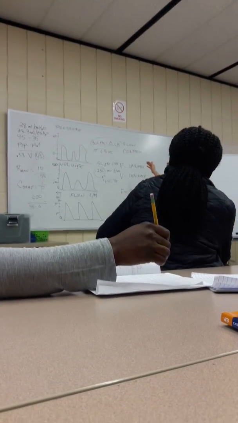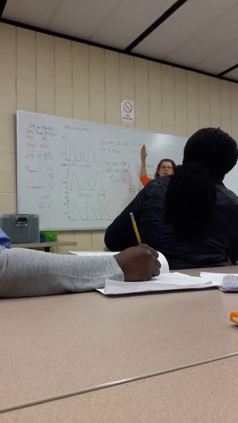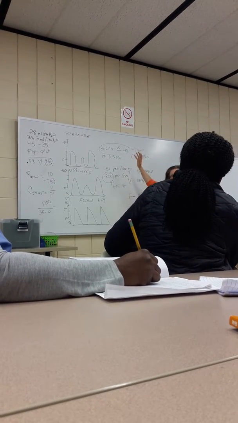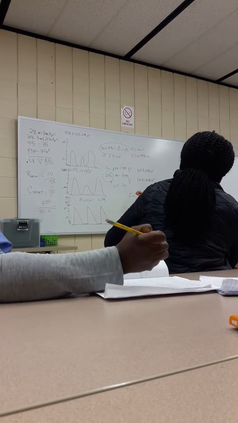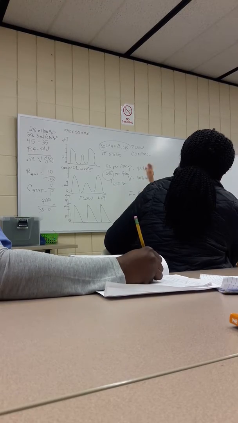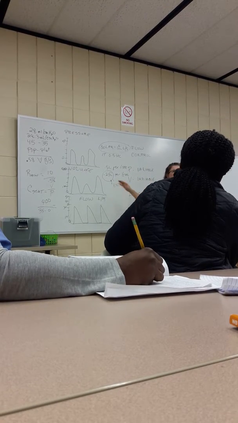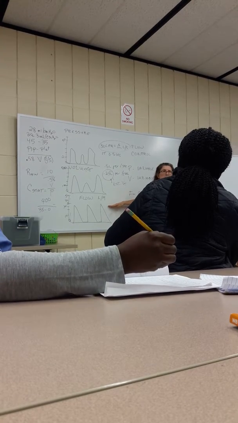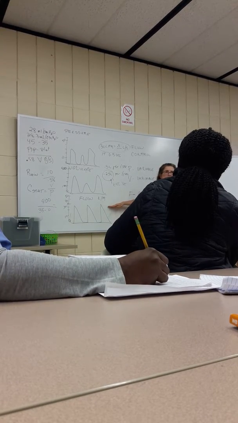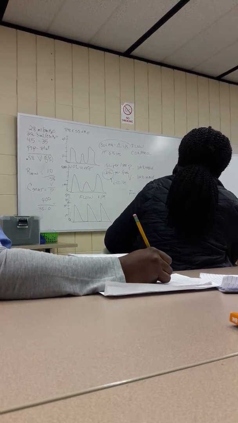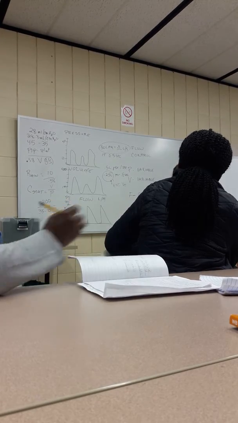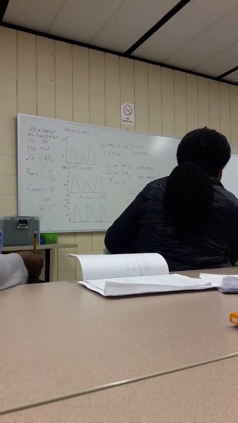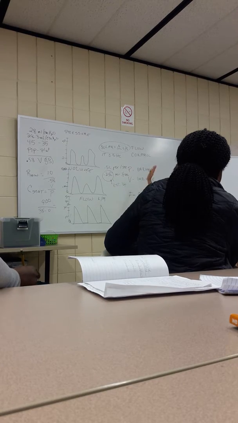When I'm in flow control, I set a base flow and an I time to give me an estimated tidal volume. Based on compliance and resistance, that's gonna vary. The only thing that's constant is the flow. Is everybody okay with that? That's about all you need to know for that.